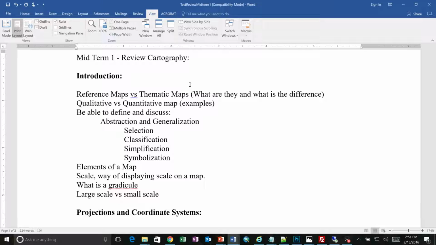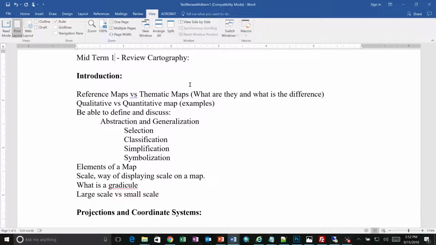The very first week, we introduced the course, but we spent some time categorizing different types of maps. We talked about reference maps versus thematic maps. Reference maps are basically maps that help you orient or find something in space. Usually your own position, but sometimes it's just in general, where is this thing? That's a reference map.